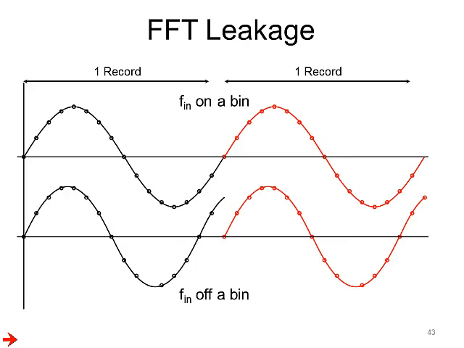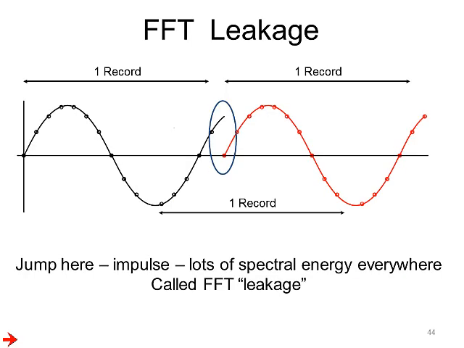Let's take a look at what happens when the input is on a bin. As we discussed earlier, in this case, the input sinusoid will exactly have an integral number of cycles in one record length. If the input does not lie on a bin, as you can see, there are not an integral number of cycles, and therefore there's a discontinuity in the periodic waveform, which is the periodic extension of these P samples.